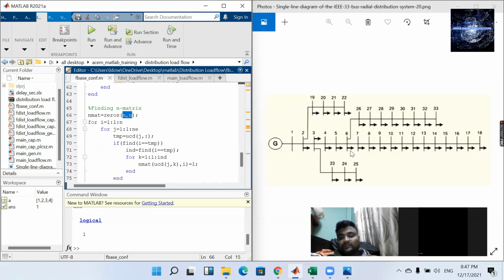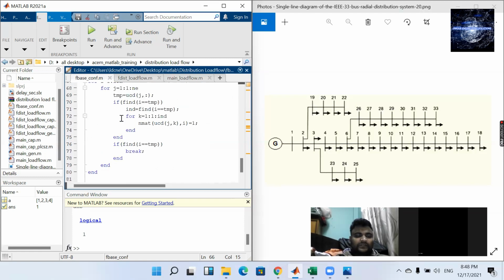And also, the load of which buses will get the power through bus 6? That is, the load of buses 6 up to 18, as well as the load of buses from 26 to 33. Power must go through bus 6. These two pieces of information we get from the NMat.